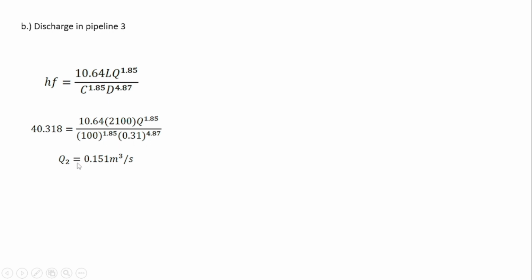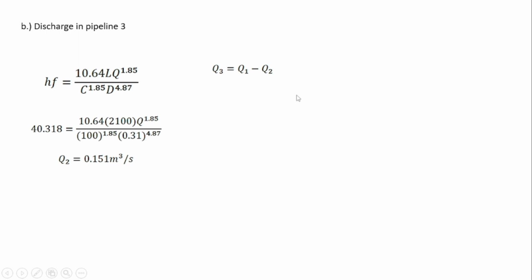The discharge in pipeline 2 is equal to 0.151 cubic meter per second. So since the elevation of piezometer reading is between elevation A and elevation B, and we assume that the flow from the middle reservoir is towards the reservoir.